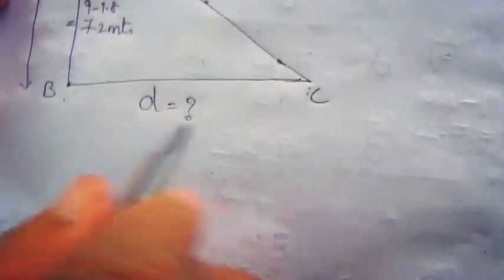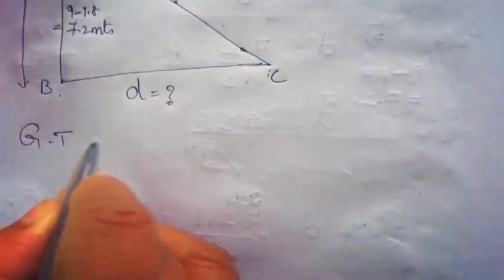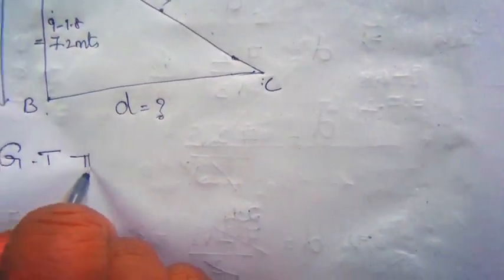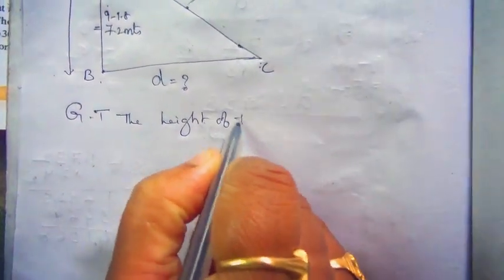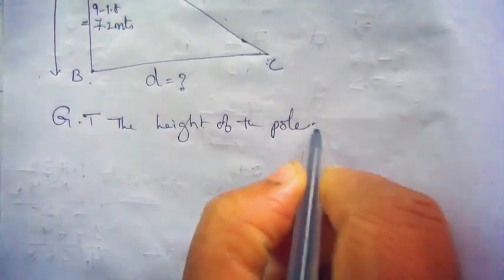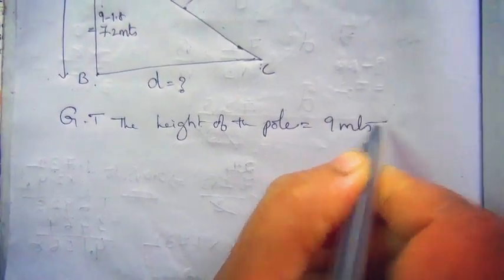What is given here? Given that the height of the pole is equal to 9 meters.